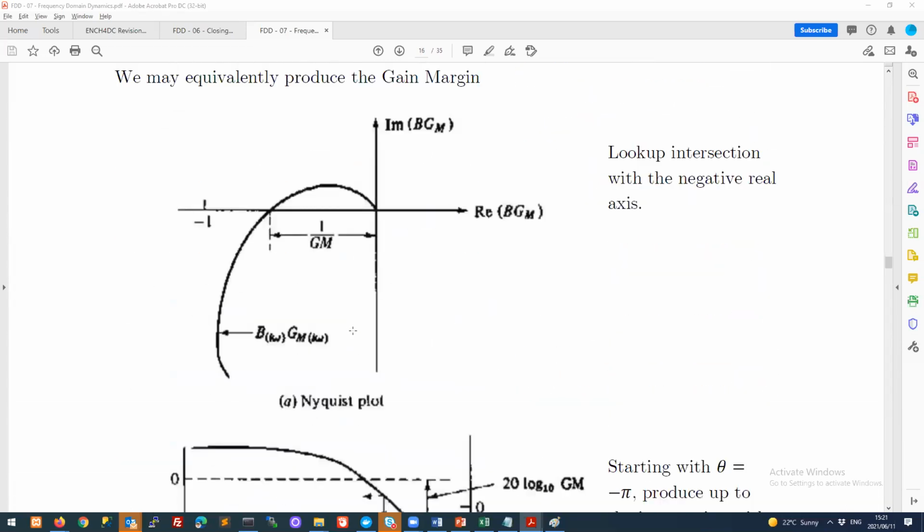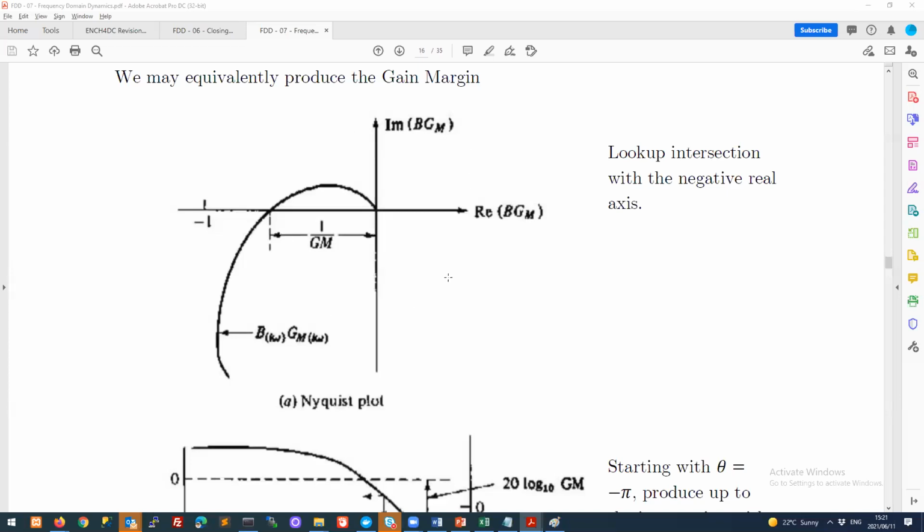So in terms of moving along this line, we then just look at where the process intersects with the negative real axis, right? Because the negative real axis is also where -1, 0 is going to fit. So we define the gain margin to be 1 over the distance from the origin to where the process intersects with the negative real axis.